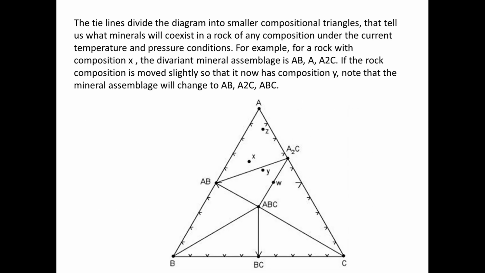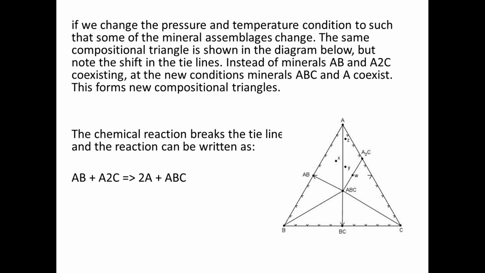Okay. Now see, if the mineral phases that coexist together are connected by a line, that is called a tie line. The line joining AB and A2C is a tie line. Now see, minerals are stable and they coexist with each other at a particular temperature and pressure range. Now, if we vary the temperature and pressure, then obviously the stability of the mineral also changes.